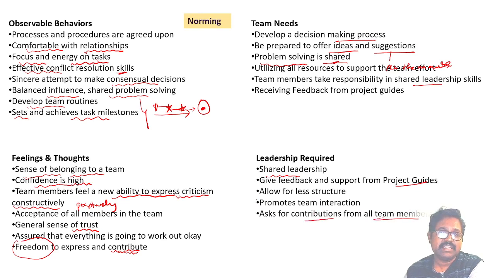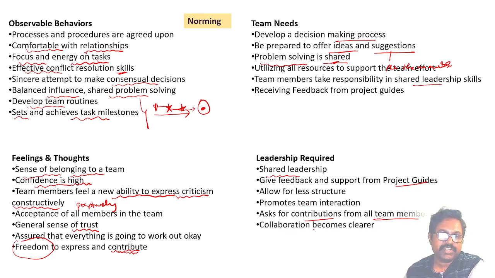So it is the stage where they are going towards the performing stage. They have resolved the conflicts, they are feeling like a family, and they accept all the members within the team, and they develop trust and confidence among themselves, and they ask each of the members to contribute and to promote the team activity.